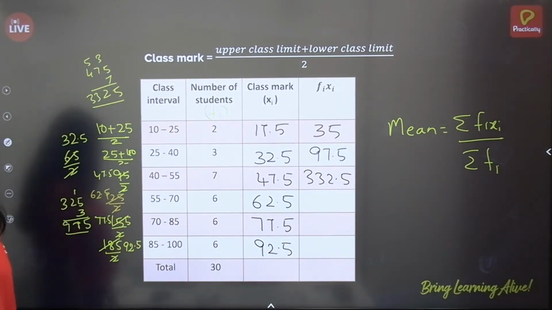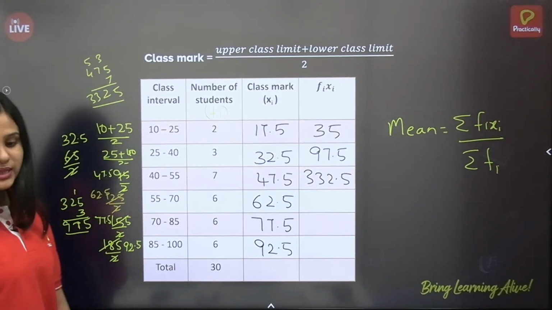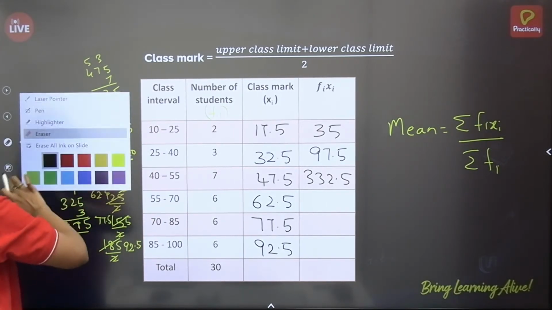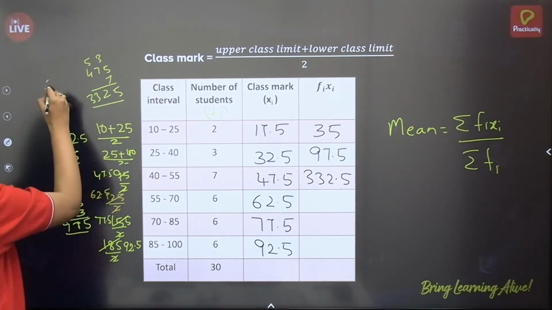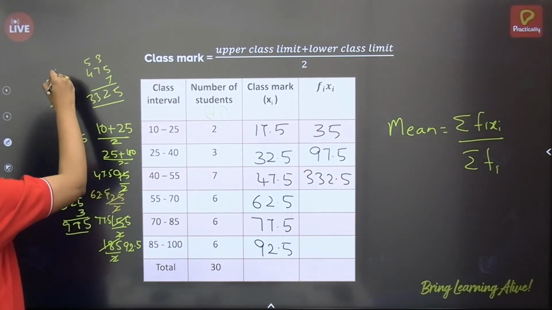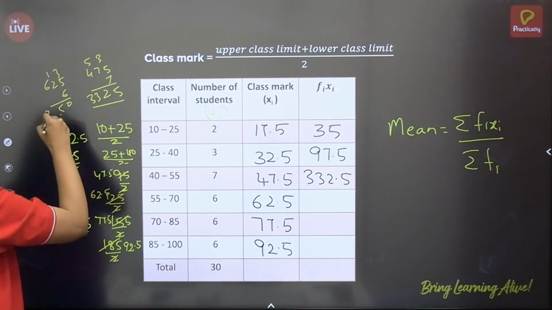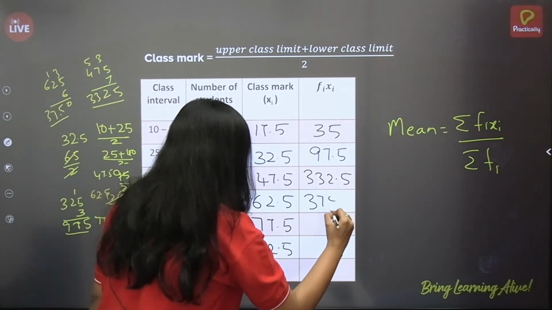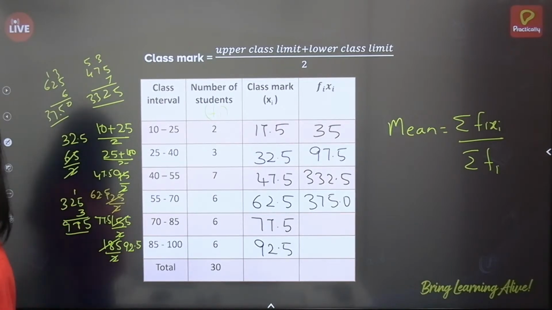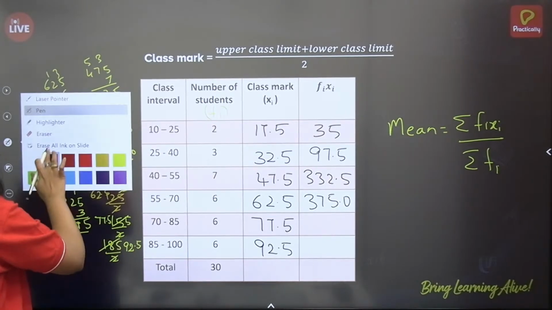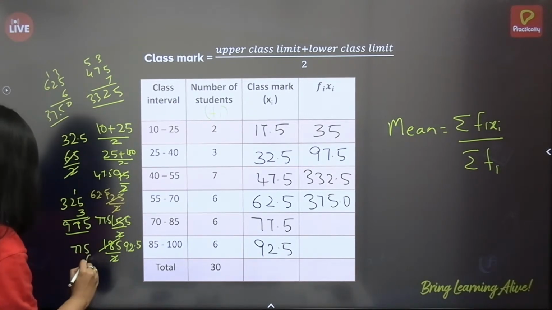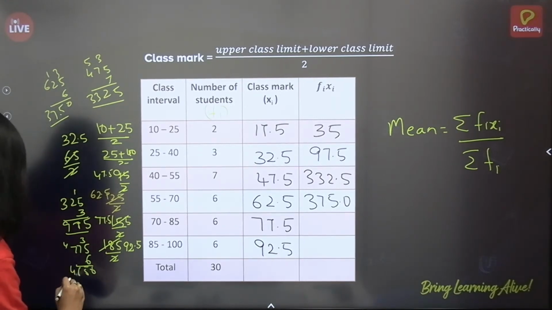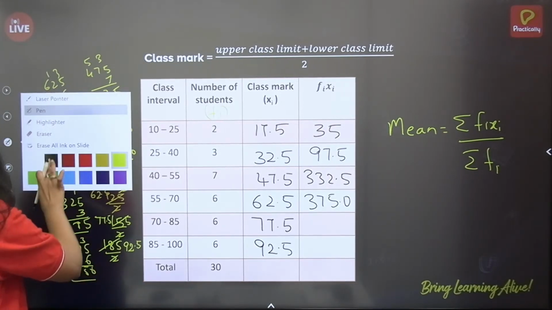Correct? Very good, Aryan. Next, come on, tell the answers for the next one as well. 62.5 into 6. 6 times 5 is 30. 12 plus 3, 15. 36, 37. 375. Very good. Next, 77.5 into 6. 42, 45, 6 sevens are 42, 46. 465, very good.